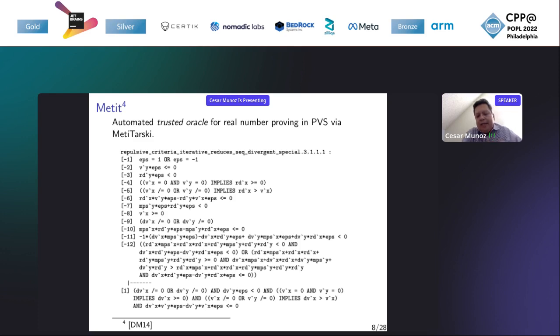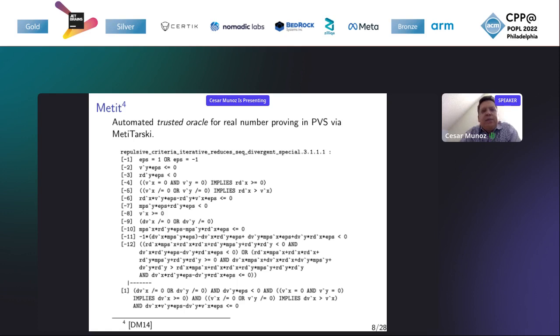So it was a very successful integration, and we use MetiTarski in almost all the verification that we do. I mean, we are not ashamed of using untrusted oracles, and this has been a very useful integration into PVS.